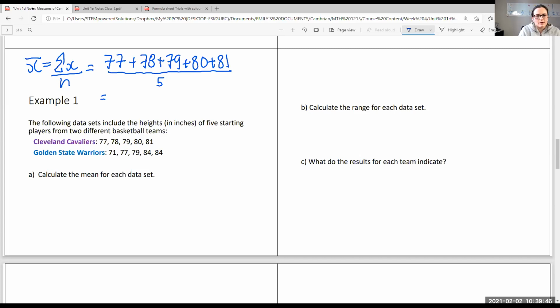So this is equal to 77 plus 78 plus 79 plus 80 plus 81 is equal to 395 divided by 5. So 395 divided by 5 is equal to 79. So that means our average for the Cleveland Cavaliers is 79 inches. Or, whoops, 79. I don't know why I wrote 91. 79 inches.